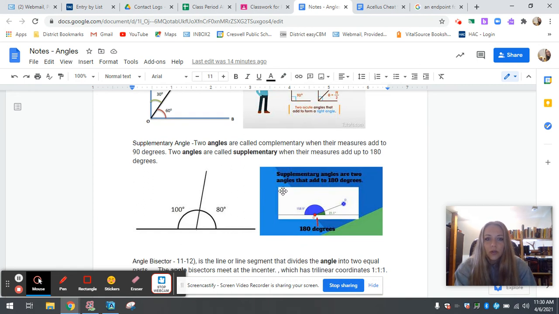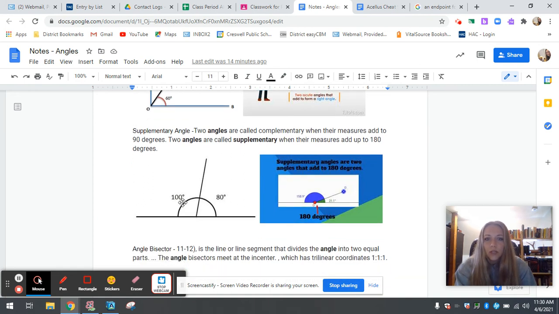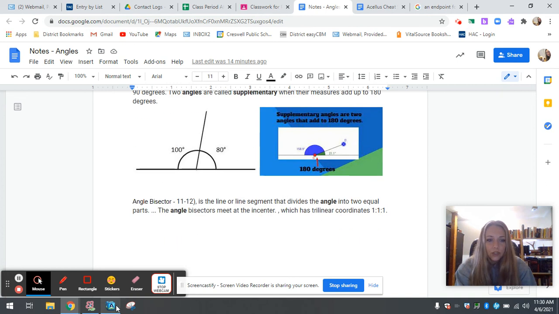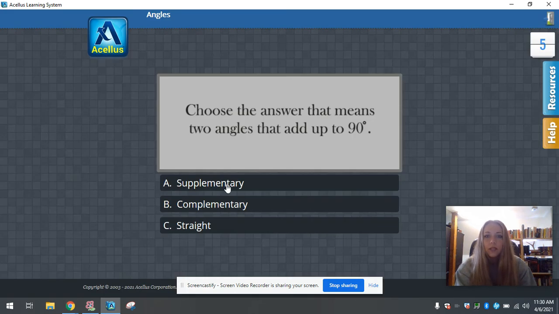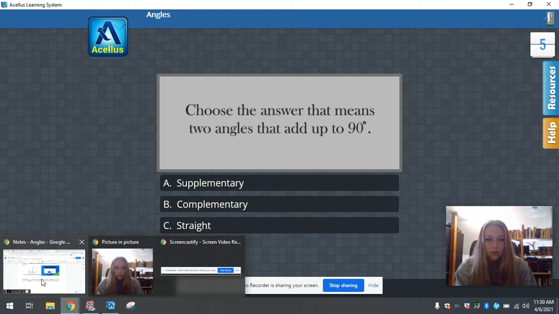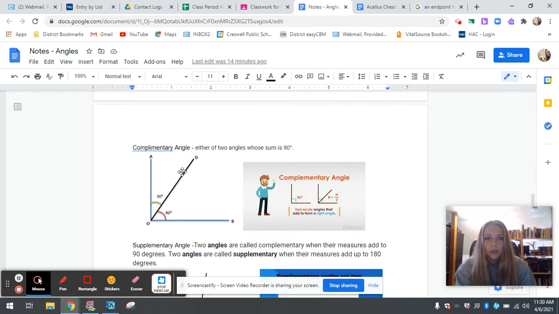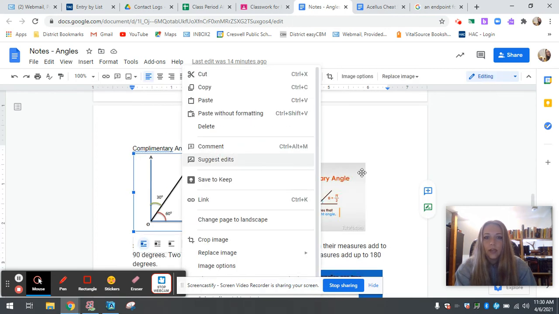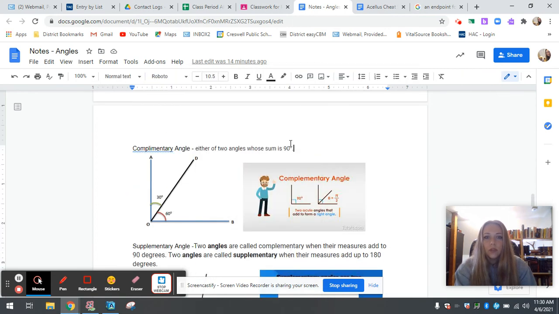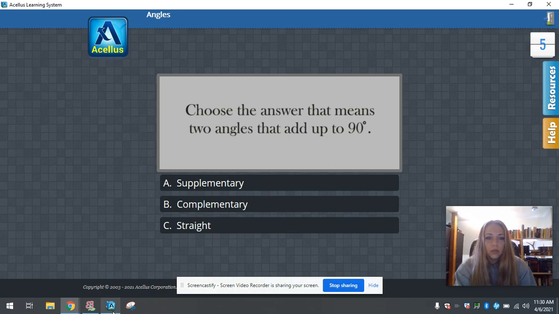A supplementary is two angles that add up to 180. So supplementary. Oh, whoops. I read that wrong. Should be 90. So it would be complementary, angles that add up to 90. Sum means add up.